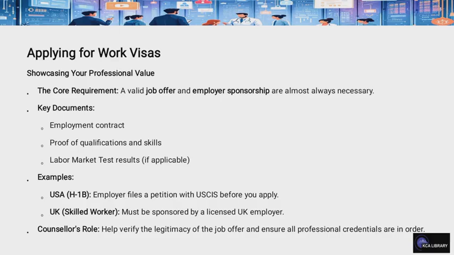Examples include the US H-1B, where the employer files a petition with the USCIS before you apply, and the UK Skilled Worker visa, where you must be sponsored by a licensed UK employer. The counselor's role in this is to help verify the legitimacy of the job offer and ensure all professional credentials are in order.